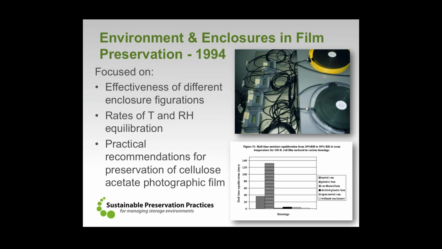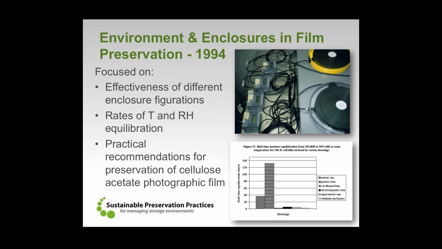But as we started to look at different enclosure materials, comparing metal film cans to plastic film cans and other types of housing common for film storage, we found that absolutely the best possible scenario was to use what were at that time largely new plastic film containers and film cans for long-term storage, because they did significantly slow down the rate of moisture equilibration.